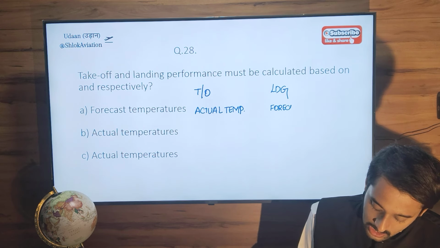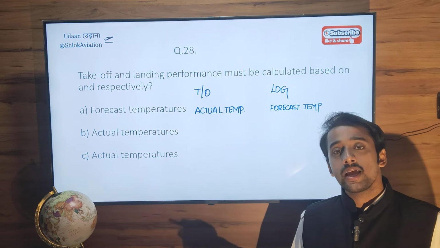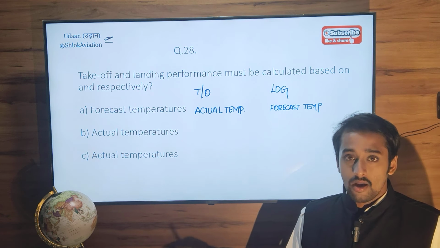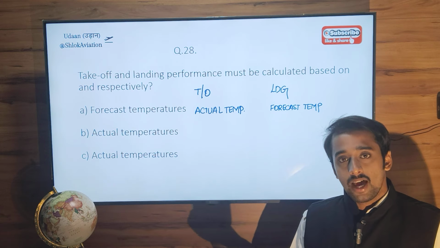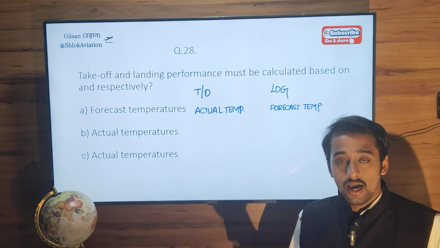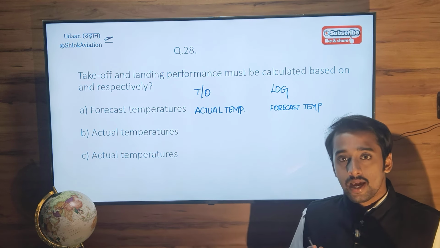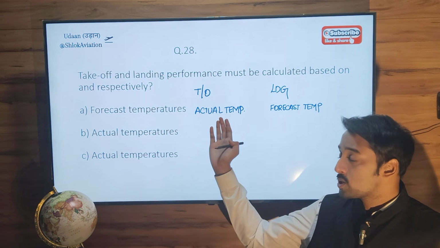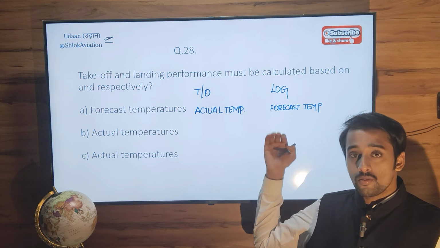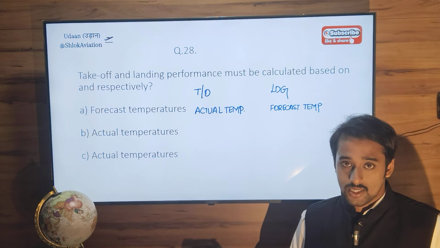You will have forecast temperature. You don't know after 2-3 hours what actual temperature will be at the airport of landing, but you can have an estimate, a prediction, a forecast that this is what is expected over there after 3 hours. So for takeoff performance calculations, you use actual values. For landing destination aerodrome, you use values which are forecasted.